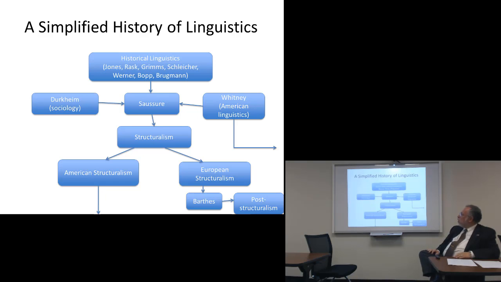And so then Rasmus Rask, the Grimm brothers, which you are familiar with from the fairy tales, Schleicher, Werner, who created Werner's law, Bopp and Brugmann, who sort of codified things. These are some of the big names in the field, and you notice that they're all German, except for Rask, who's Danish. Well, Jones was British, because historical linguistics was primarily developed in Germany in the 1800s.